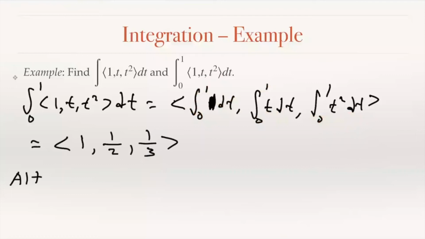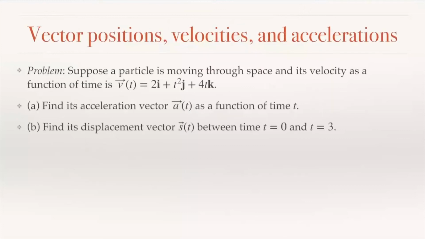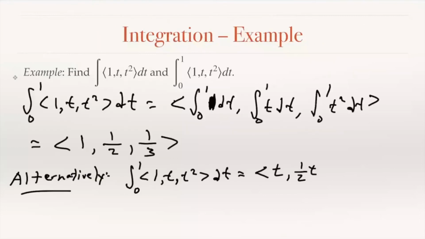Alternatively, we can write that this definite integral is the indefinite integral that we found, evaluated between 0 and 1. So our indefinite integral was this, plus an arbitrary vector, and we're evaluating that between 0 and 1.